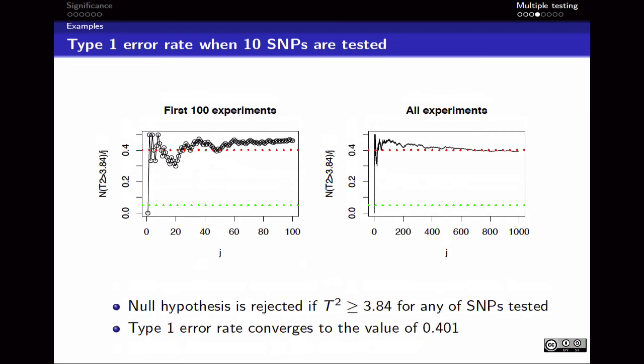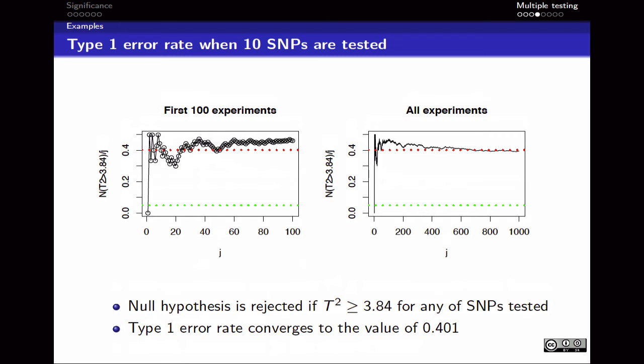I'm considering an experiment where I test 10 SNPs for association with my outcome of interest, and I would reject a null hypothesis if I see the score test more than 3.84 for any of these SNPs. So my nominal p-value is still 5%, right?